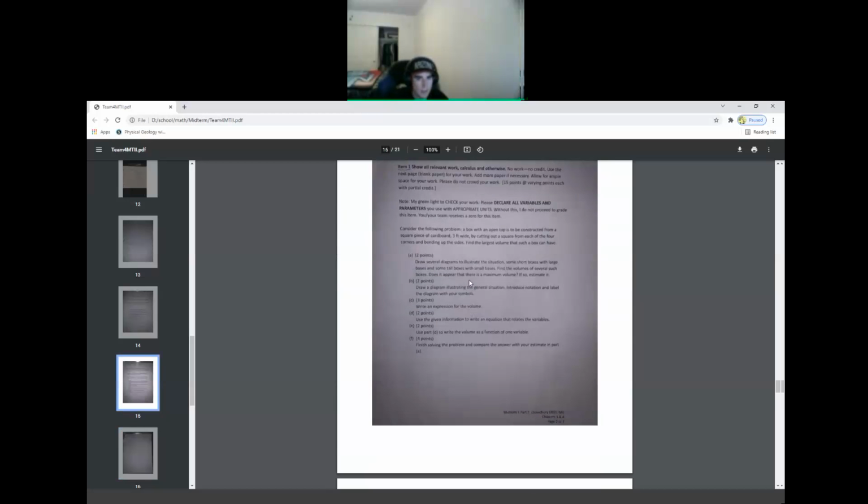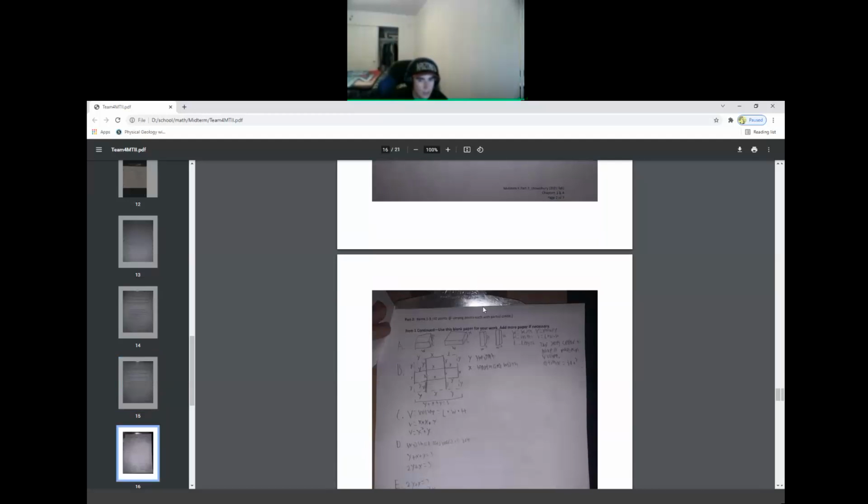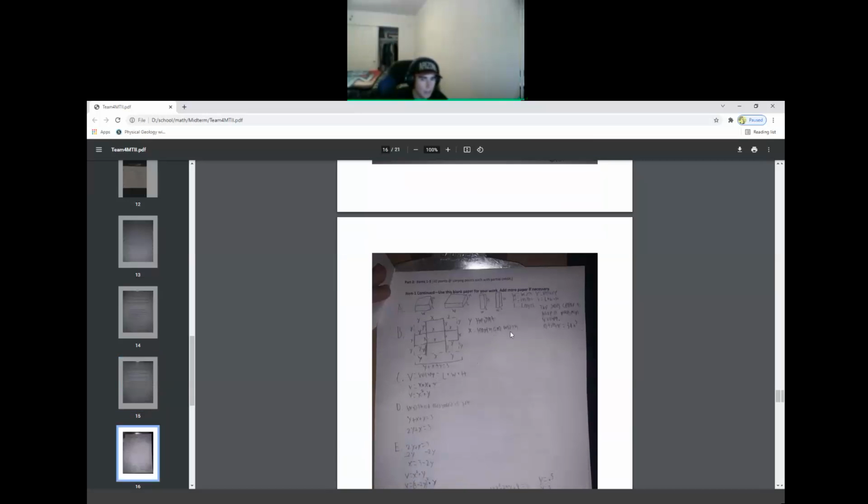So B says to draw a diagram illustrating the general situation and then introduce notation and label the diagram with your symbols. So for my symbols, I chose to use X and Y, X being the length and the width because the base is square, so each side is going to be the same, and Y being my height.